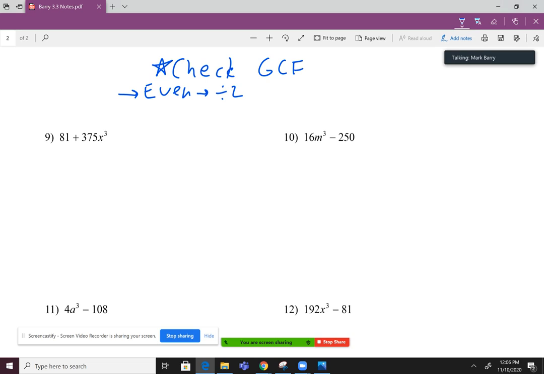Even numbers always divide by 2, so you can always take that out if it's even, okay? If they're both odd, or it's one odd and one even, try dividing by 3, 5, 7. It's probably going to be one of those numbers. Honestly, it's usually 3 will work.